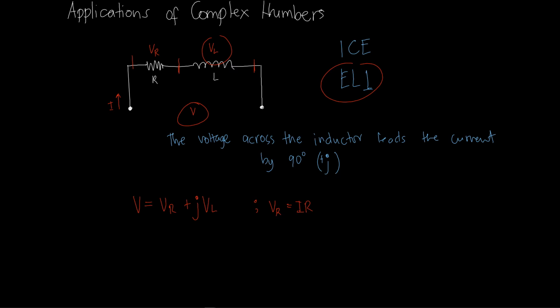Okay? Pero sa inductor, VL is equal to current times, dili na siya R. Unsa man ang tawag sa resistance sa inductor, ang characteristic nga mo-resist sa current?